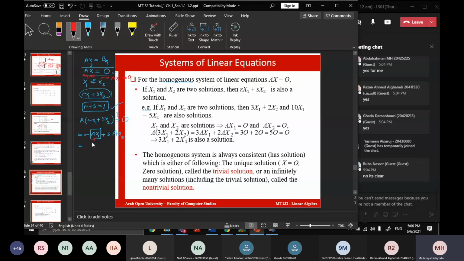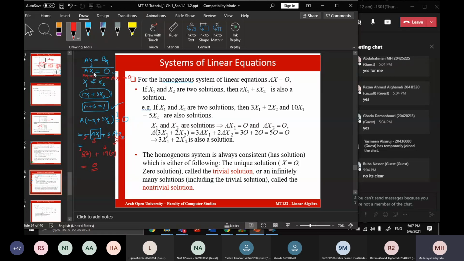So that means this part is 0 and this part is equal to 0. So no matter, is it necessary that their sum is 1? No, because any number, even 5 times 0 plus 19 times 0 is equal to 0. So there is no restriction in this case over the real values R and S.